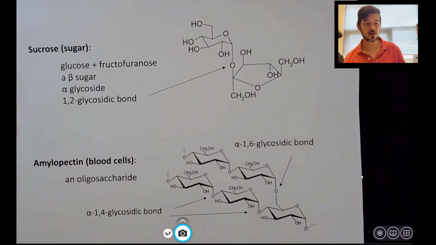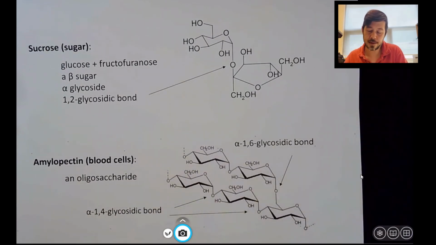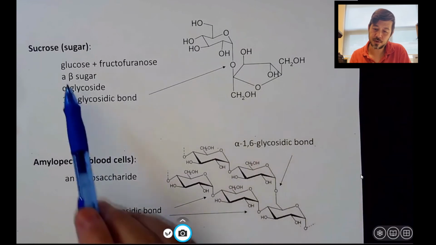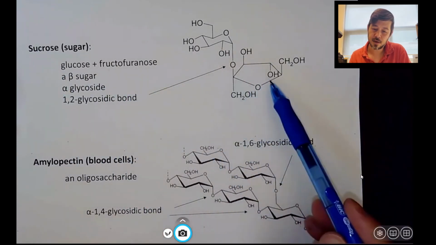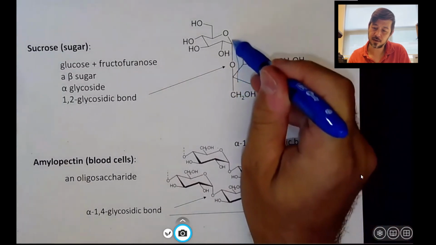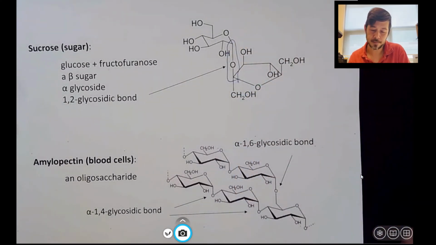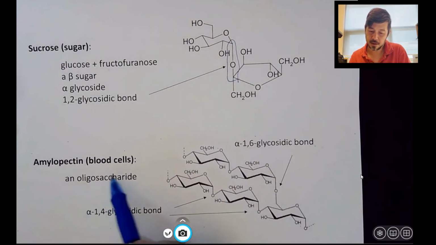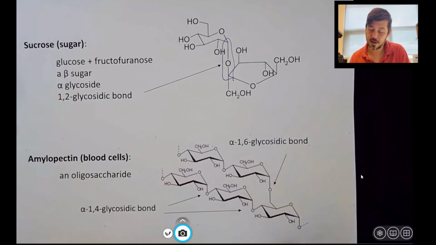Sucrose is table sugar. This is the stuff that you use to bake and that tastes really good. It's formed between glucose and fructofuranose, and it's an alpha 1,2 glycosidic bond, as you can see here. In addition to disaccharides, blood cells have very complex polymers of different glycosidic units.